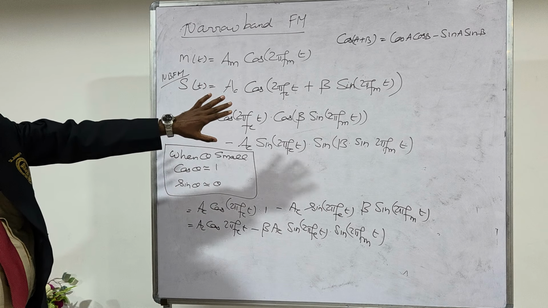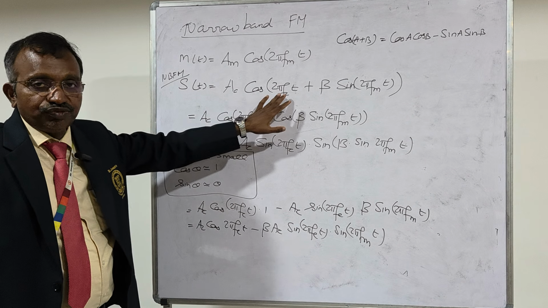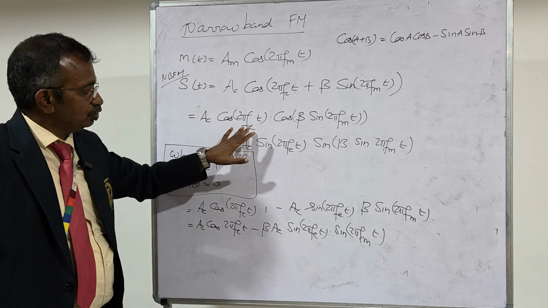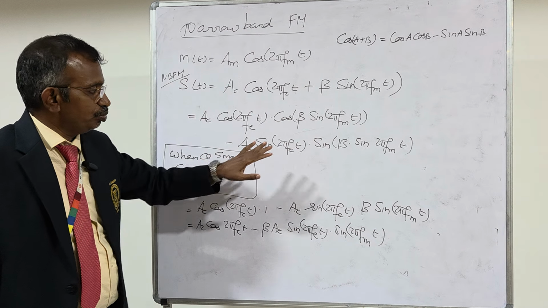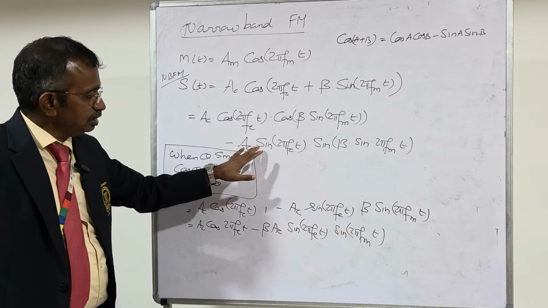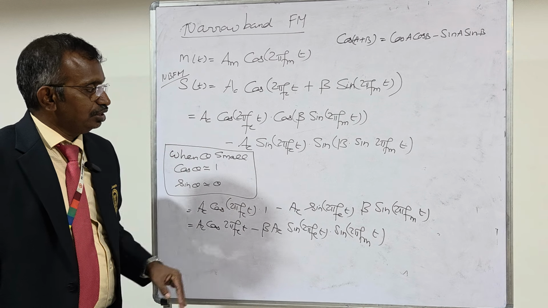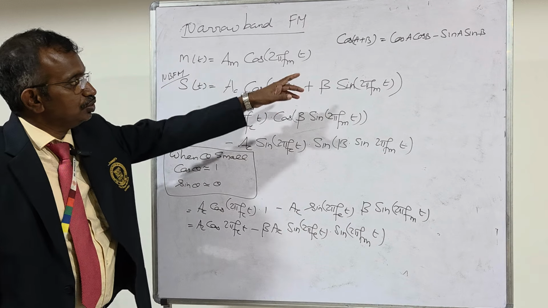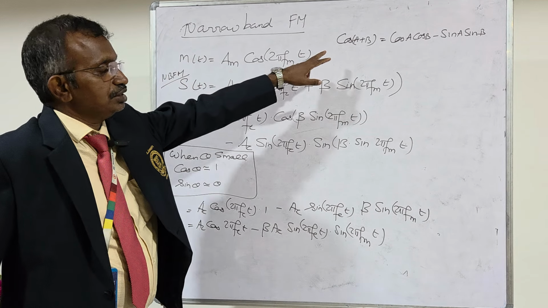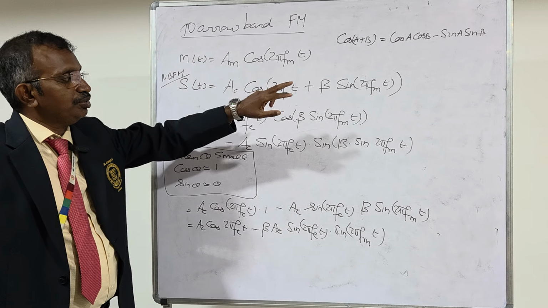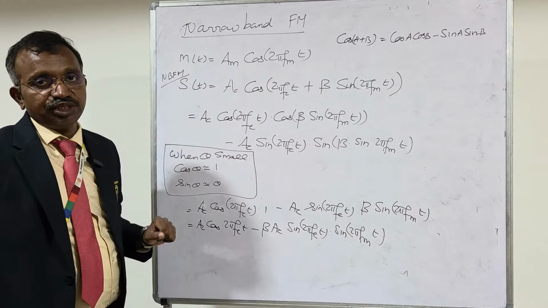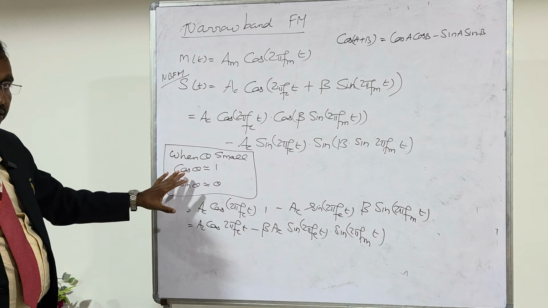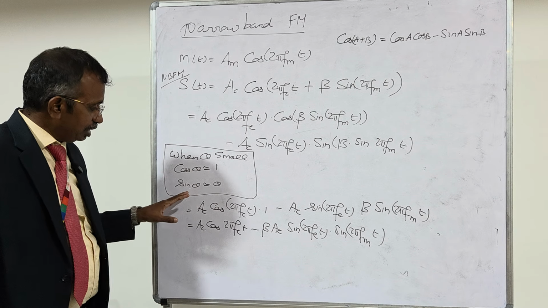Right? So, this is the equation for the FM signal. Here I am expanding this. This is the form of cos(A plus B). So, I am going to expand this as Ac cos 2 pi fc t into cos(beta sin 2 pi fm t) minus Ac sin 2 pi fc t into sin(beta sin 2 pi fm t), using the trigonometric relation cos(A plus B) equal to cos A cos B minus sin A sin B. So, when theta is small, cos theta becomes 1 and sin theta becomes theta.